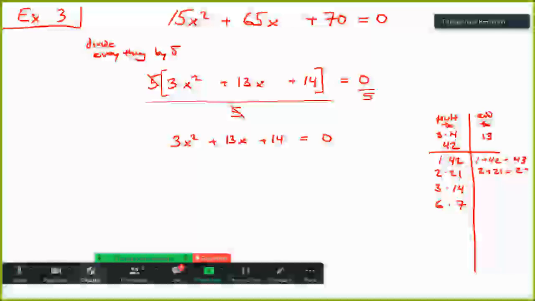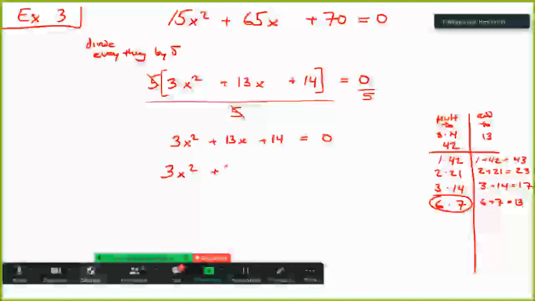That's 23. 3 plus 14 is 17. And then finally, 6 plus 7 is 13. That's the one that adds to make a 13. So we found the right numbers. So we're going to split up B using 6 and 7. So our 13 becomes 6x plus 7x.